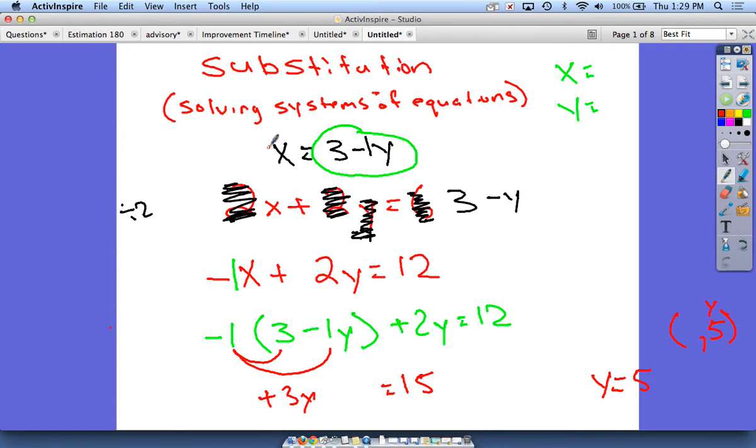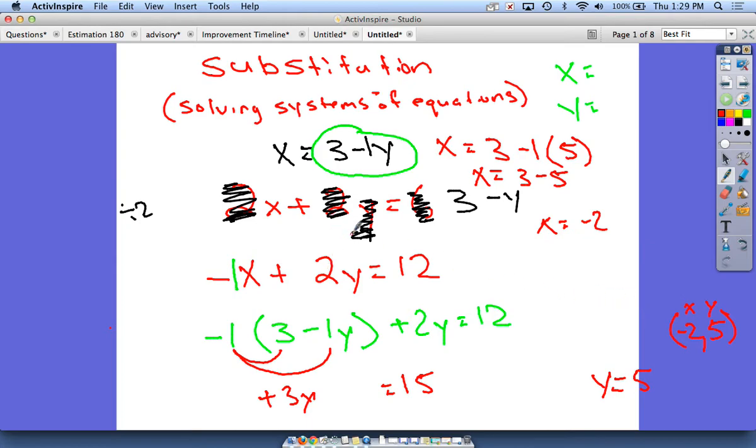This is one of the simplest ones we have here. So I'm going to rewrite this: x equals 3 minus 1 times 5, because I'm putting 5 in for y. If I simplify this down, x equals 3 minus, and 1 times 5 is 5, and then 3 minus 5 is negative 2. So x is negative 2.